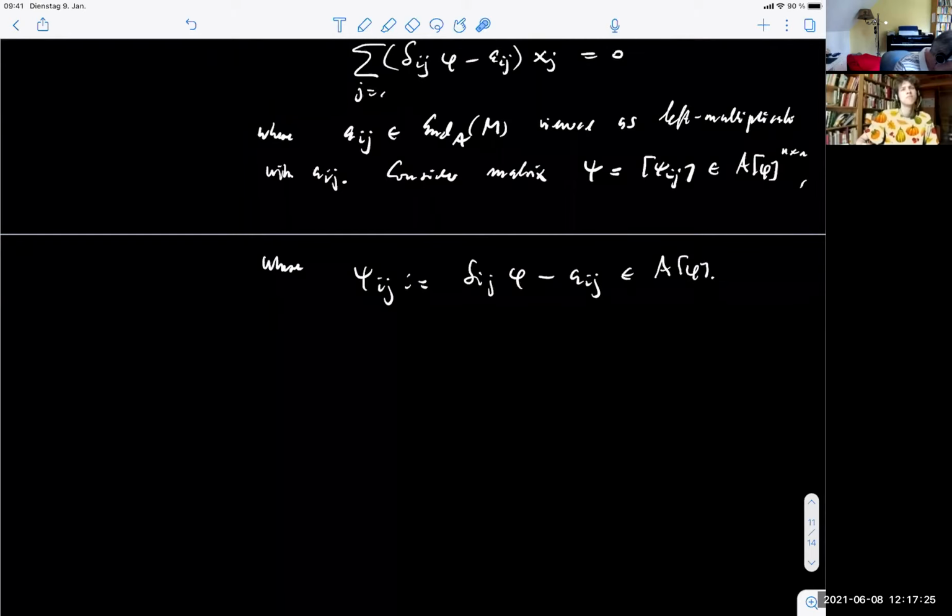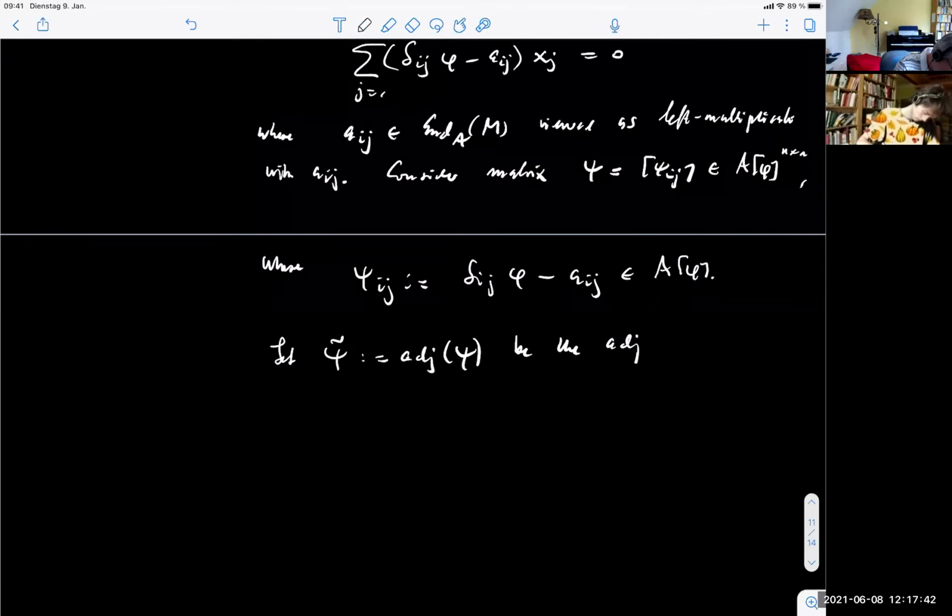So we will look at the adjugate. Let psi twiddle be the adjugate of psi.